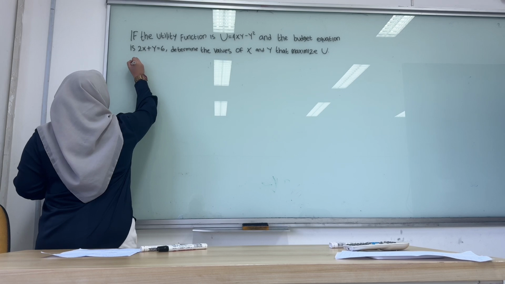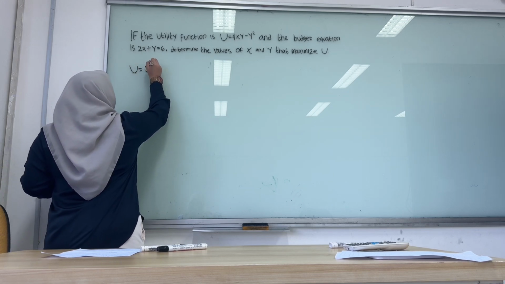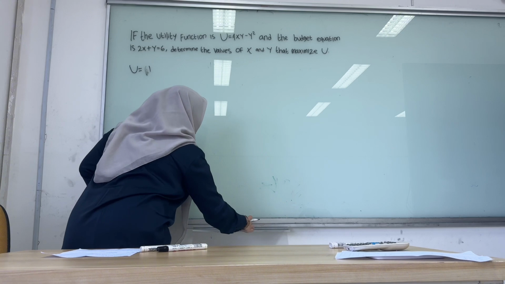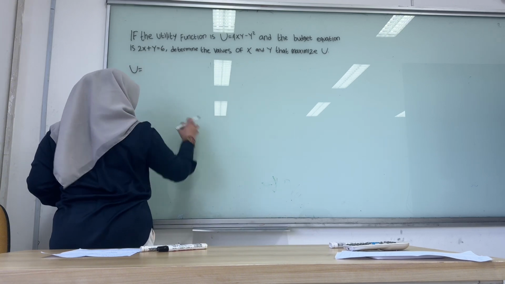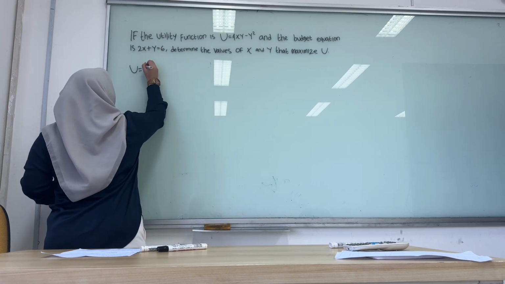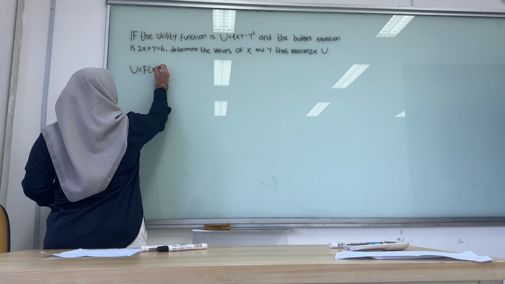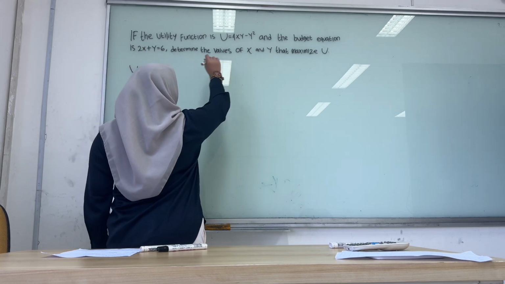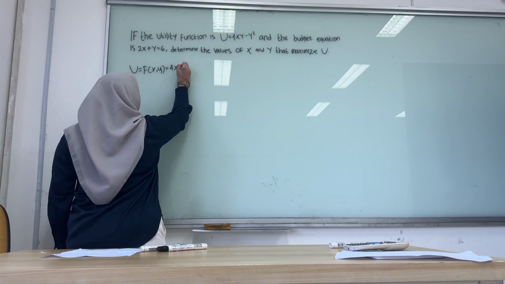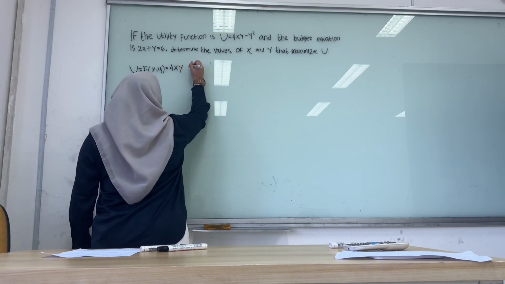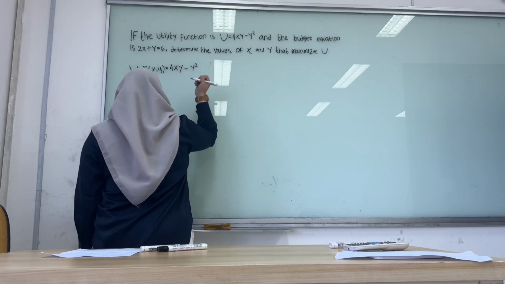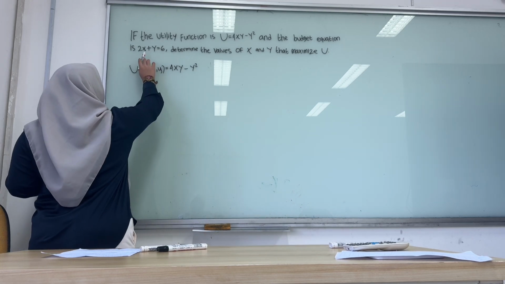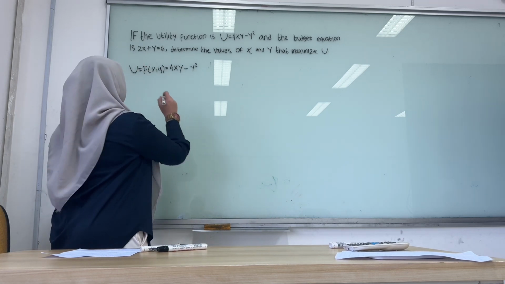So u equals f(x,y). So u is 4xy minus y squared, and then we need to find g(x,y). From the budget equation we can make g(x,y).